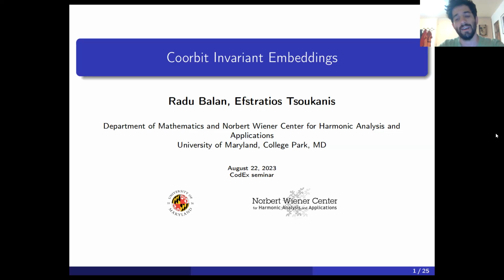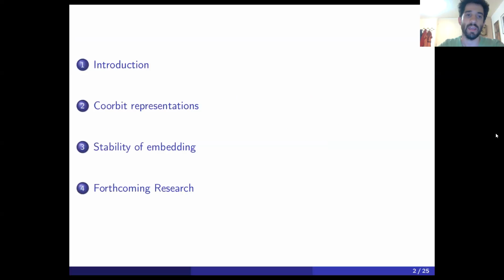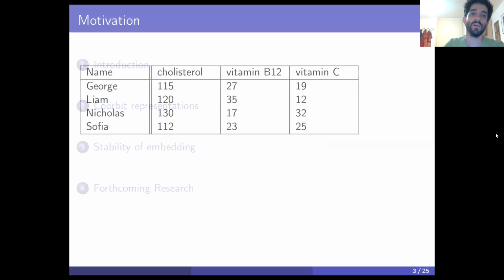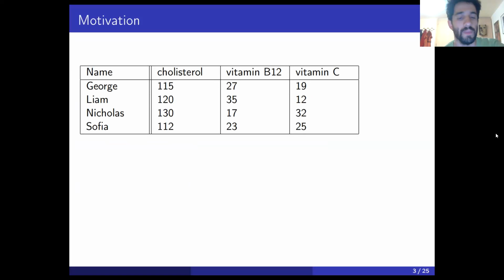Before I state the result, let me first try to convince you why these results are important and interesting. Suppose we're doing a medical survey and we're having some patients and we are examining them, doing some medical tests.